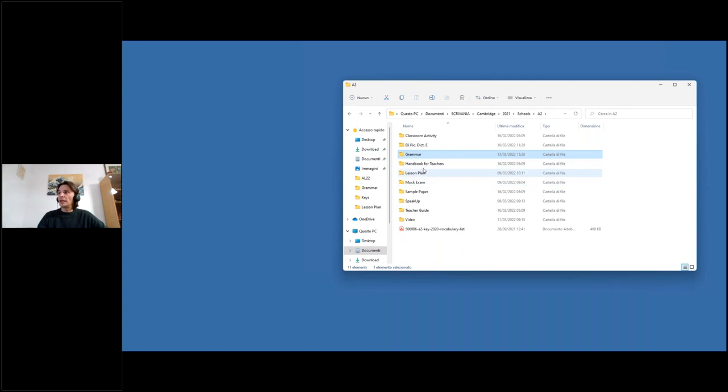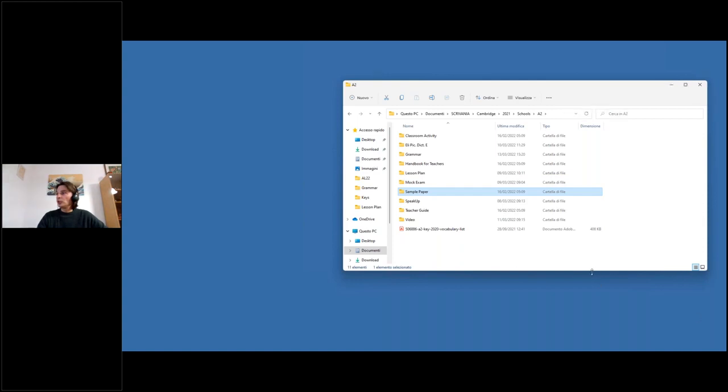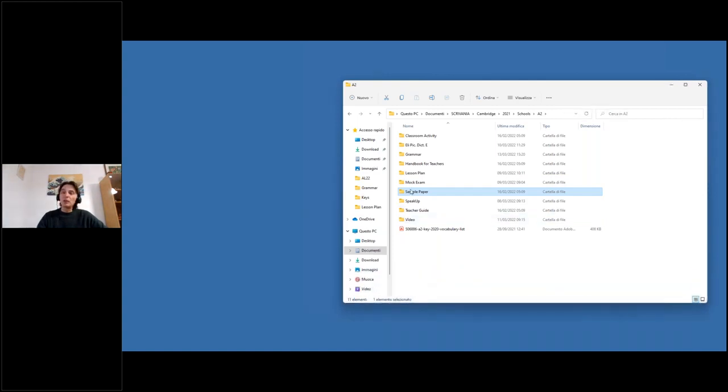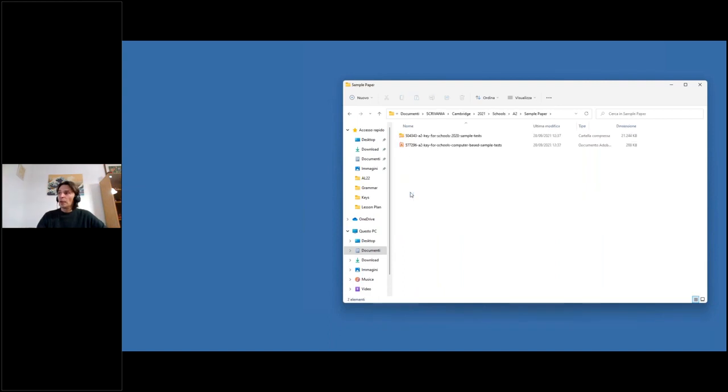Remember I told you that in our classroom folder there is a subfolder called sample paper. You see this sample paper? Okay, I told you that the sample paper was an example for you, but it was for you to practice.